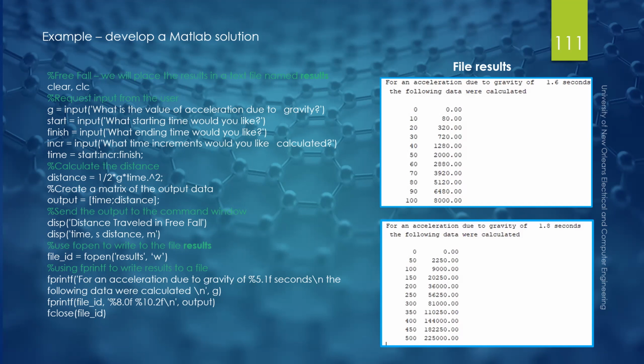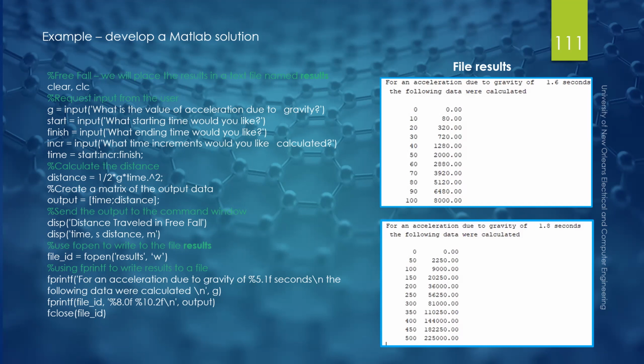So in this example, we're using several of the concepts that we introduced, including the fopen and fclose commands that we mentioned in the previous couple of slides. So let's look at this, with a little bit of time here. Of course, this is a free fall example.